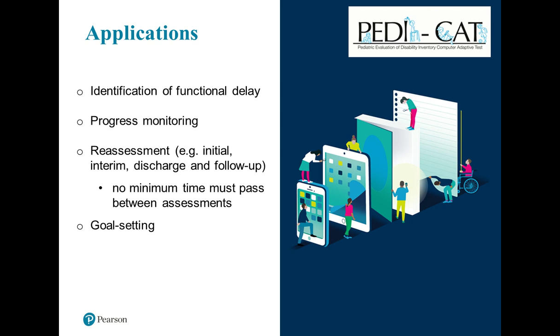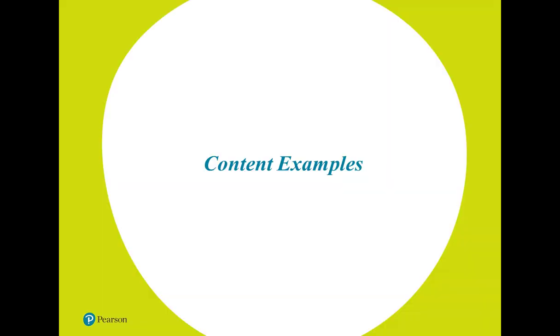It's useful for reassessment, whether it's initial assessment, interim, discharge planning, etc. And there's no minimum time which must pass between assessments, so you can administer it as frequently as you require. And it's also useful for goal setting. It uses a top-down approach, so it's really capturing all those aspects of daily life that you want to gather information on and helping you use that information for goal setting and supporting the individual and their family.